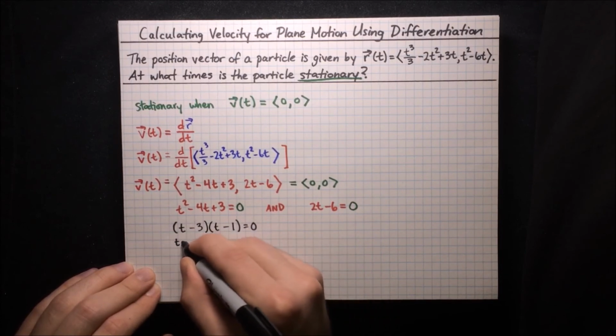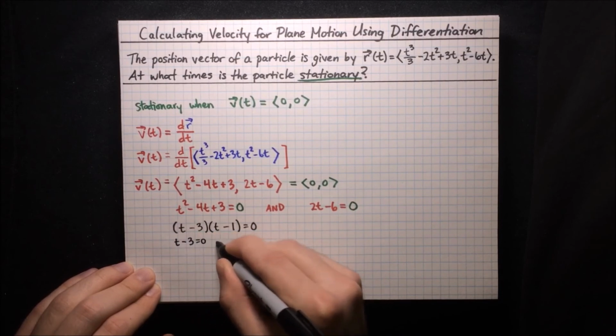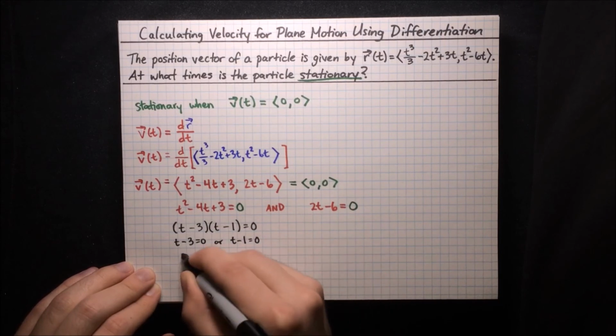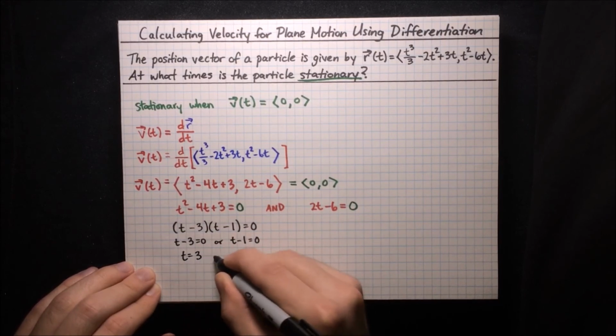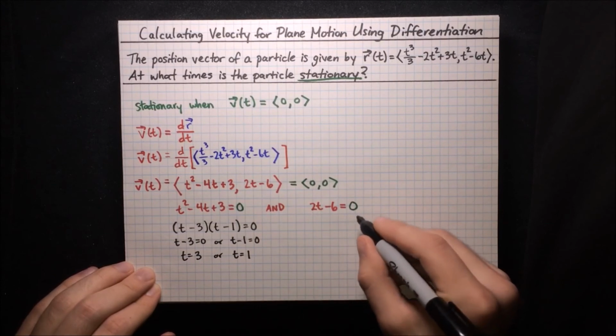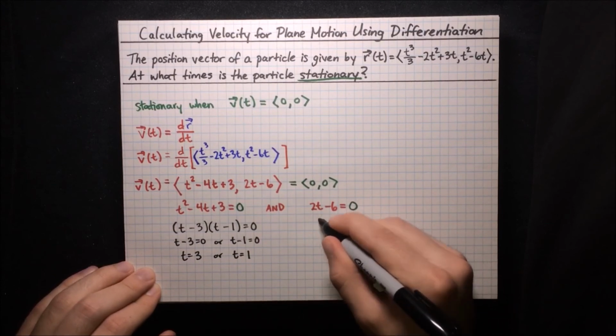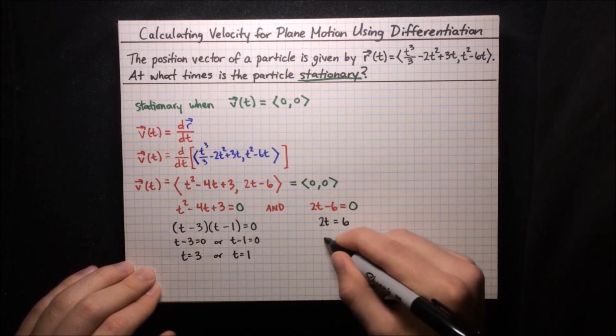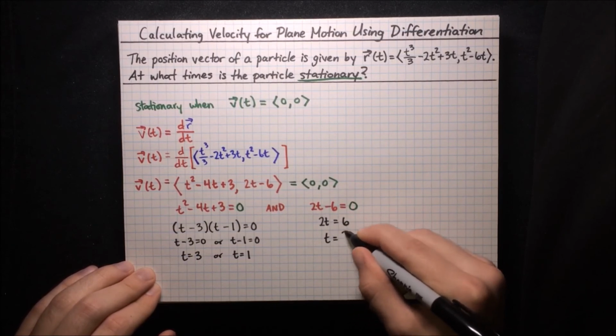So t minus 3 equals 0, or t minus 1 equals 0, which means t equals 3, or t equals 1. And then the second equation, we can just solve this. It's a linear equation. So add 6 to both sides, get 2t equals 6, and then divide by 2 to get t equals 3.